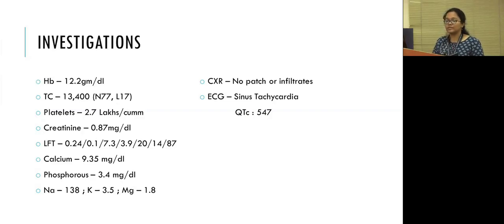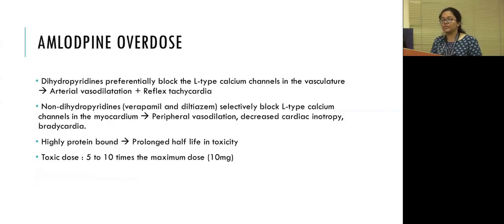So my topic is amlodipine overdose. Amlodipine is a calcium channel blocker. Calcium channel blockers are primarily dihydropyridines and non-dihydropyridines. Though non-dihydropyridines are the most studied, there are significant reports showing toxicity with dihydropyridines also.